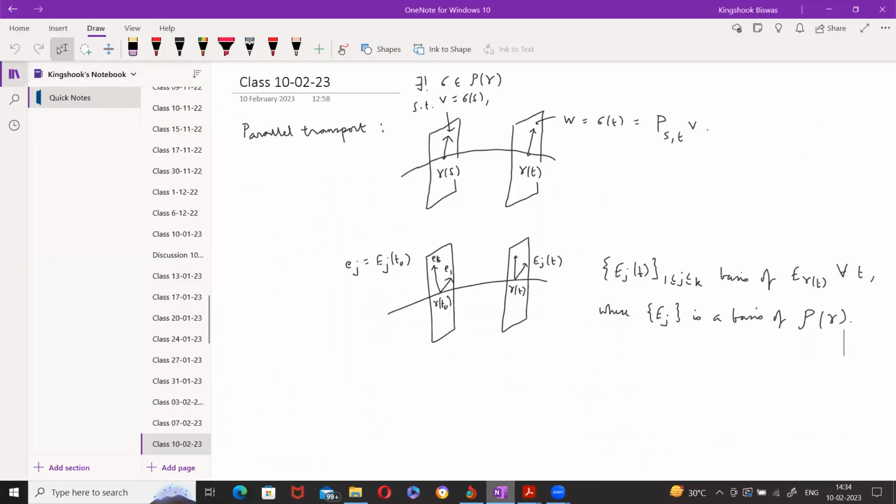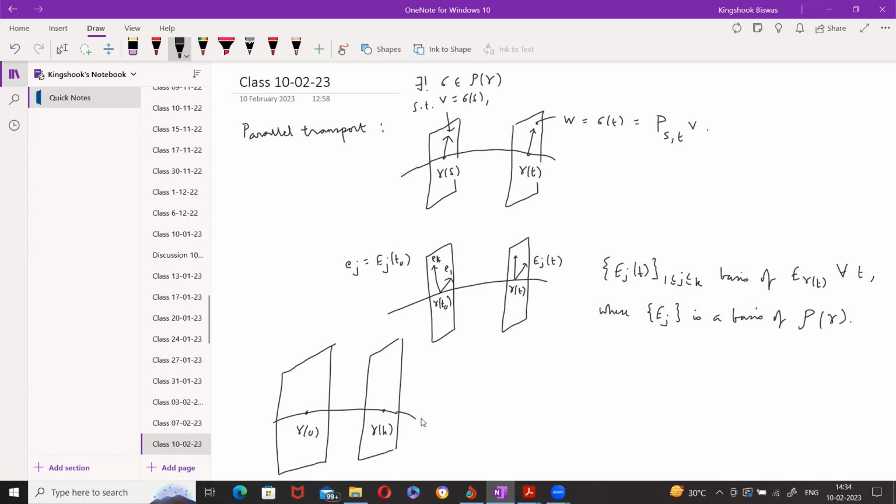Okay. So let me just draw you a picture here. For example, at time t equal to 0, suppose this is, say, gamma 0, and this is, say, gamma h.